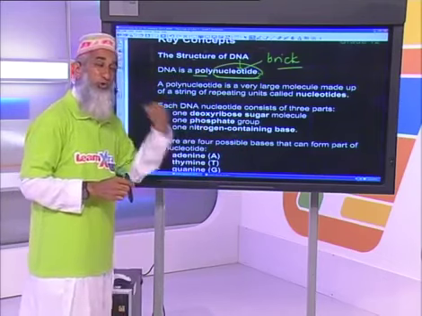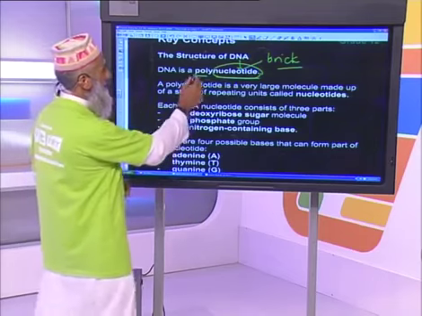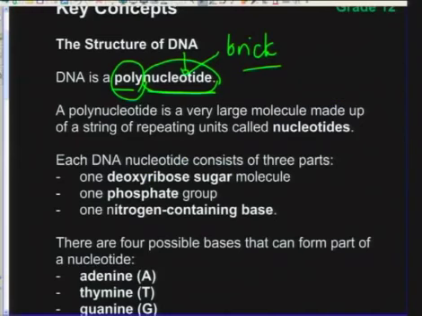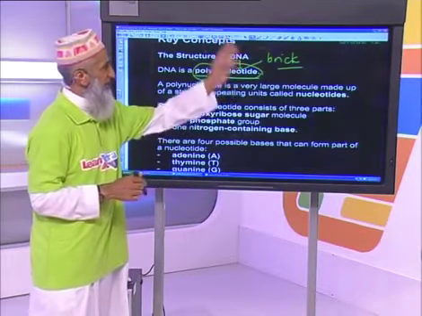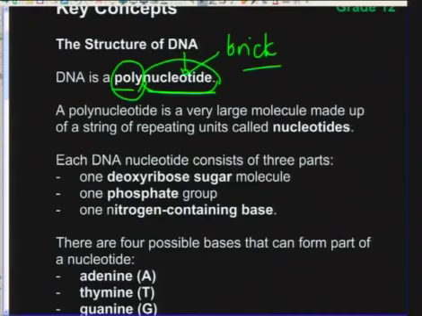Each one has its own sequence. So polynucleotide, many. Poly means many. So it means it's a large molecule. A polynucleotide is a very large molecule made up of a string of repeating units called nucleotides.